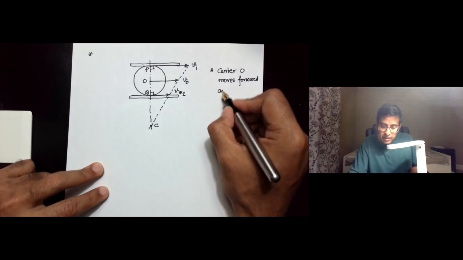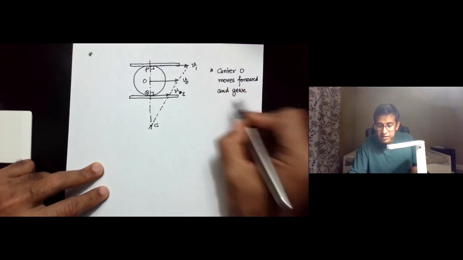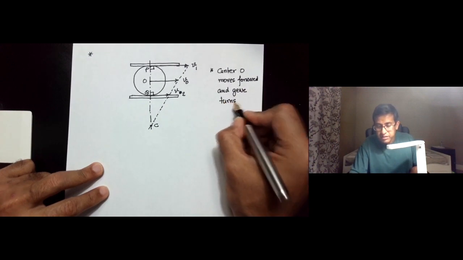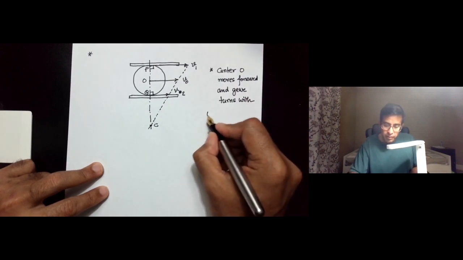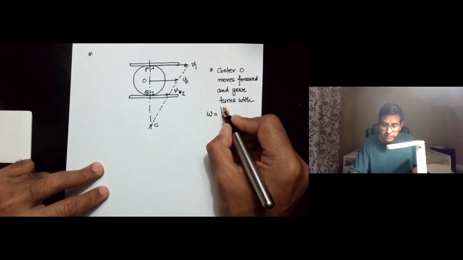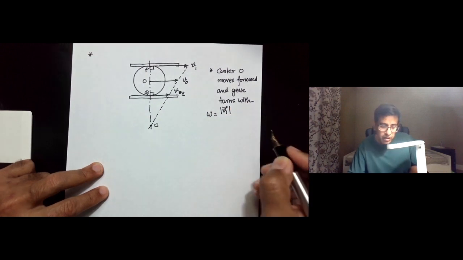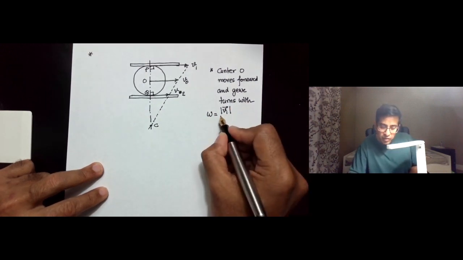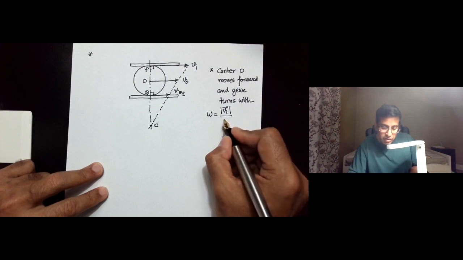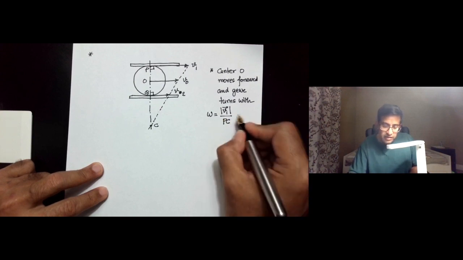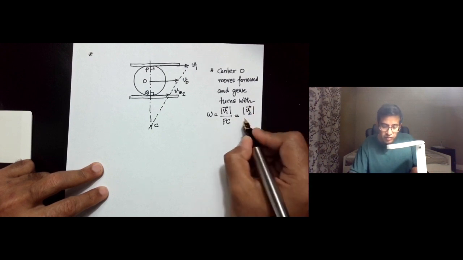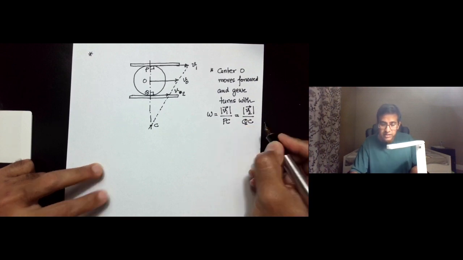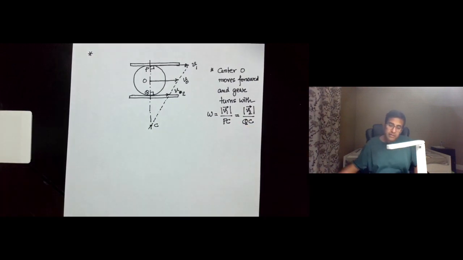and the gear turns with omega equals V1 over PC equals V2 over QC. Right?